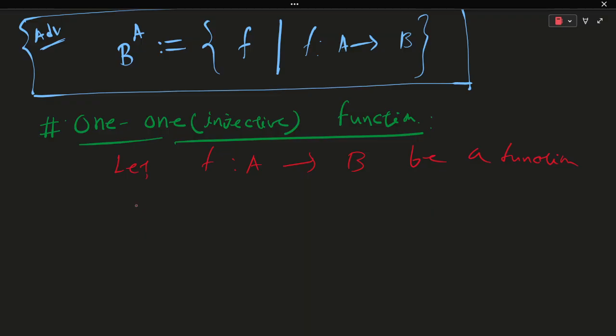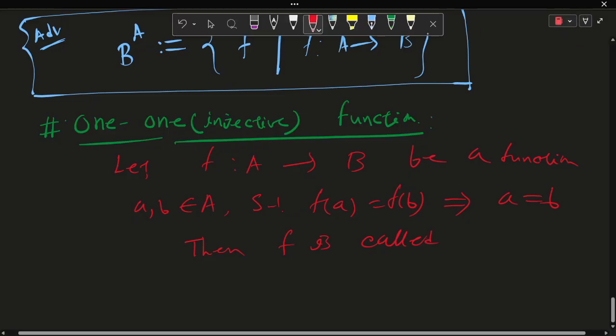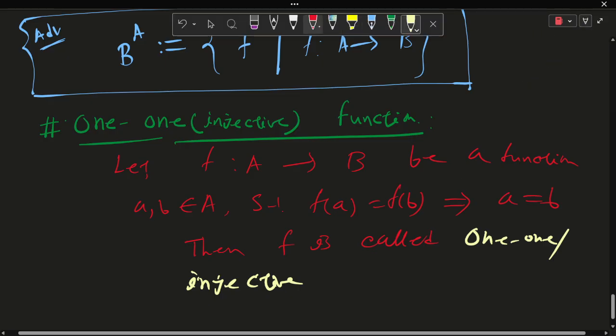Let a and b be any elements of A such that if f(a) equals f(b), that implies a equals b, then f is called one-one or an injective function.